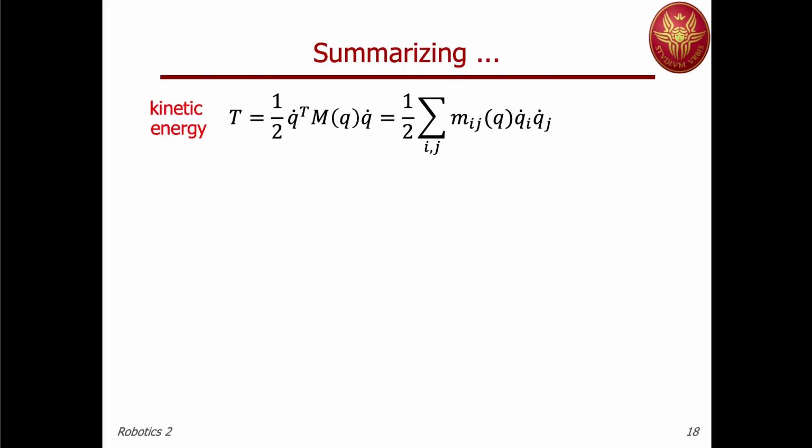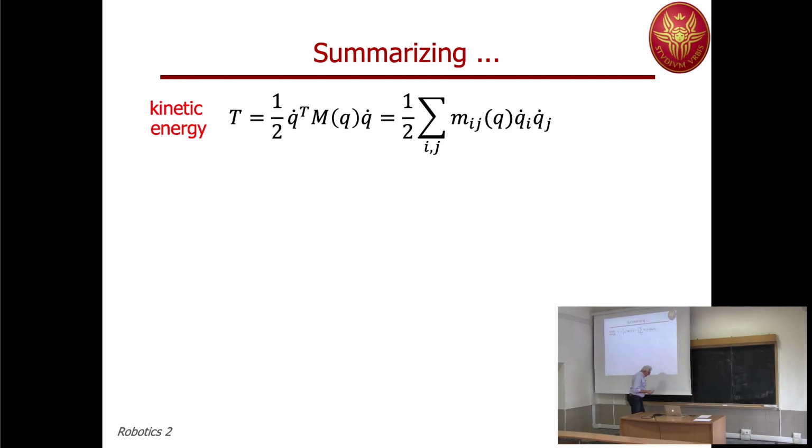So let's summarize what we have done. The purpose of the following slides is to understand that there's a general dependence of the various elements of the dynamic model from position, velocity, and acceleration, and that we can also apply, like we have done in the simple example of the actuated pendulum, the Euler-Lagrange equation, but we see the application in general, what will be the actual results in terms of dynamic terms.